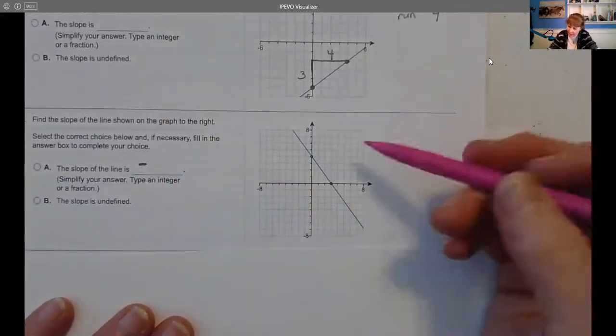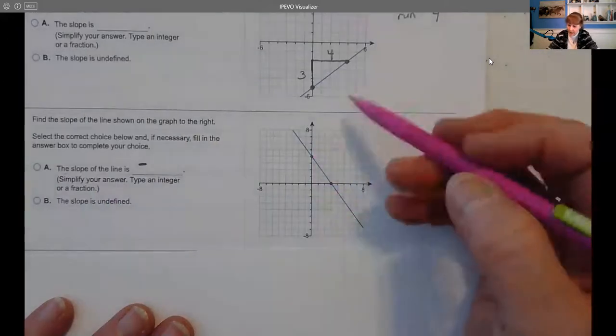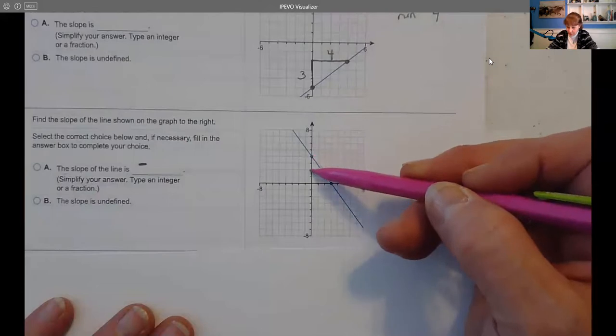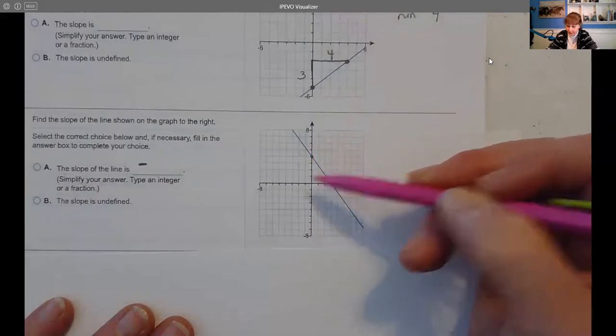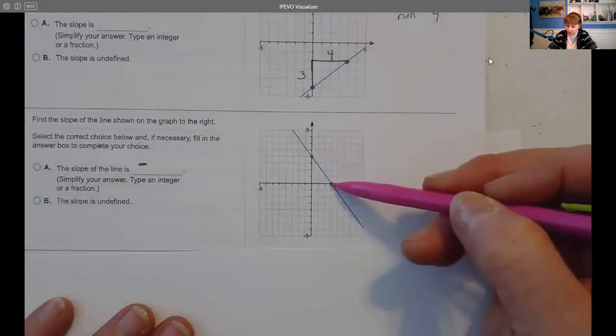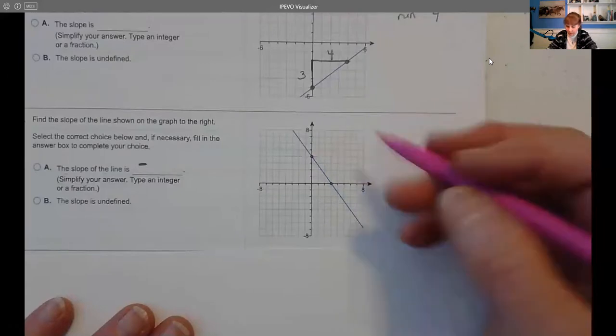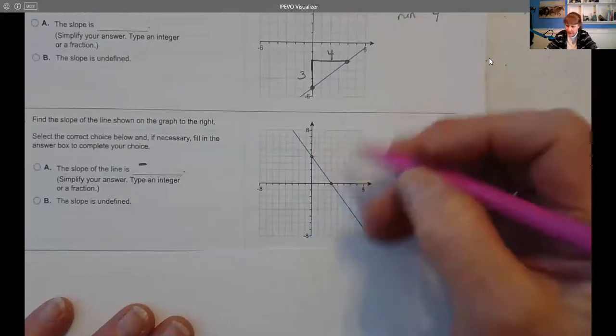Okay, so now we need to go from one point to the other, a rise over run. You're going to go down, that's why it's negative, and across. Or if you start here and you go up and over here, just count blocks from one to the other. Let's start with the bottom one.